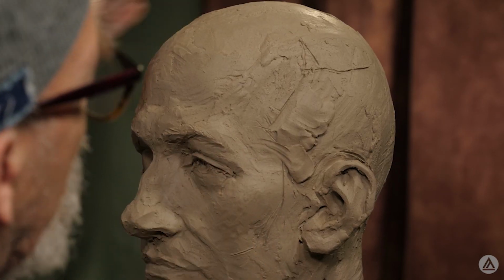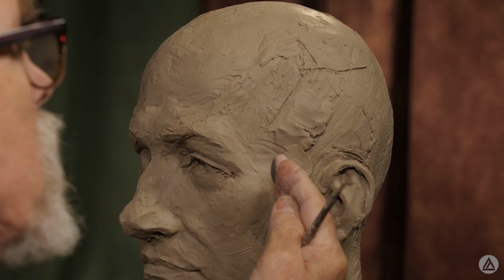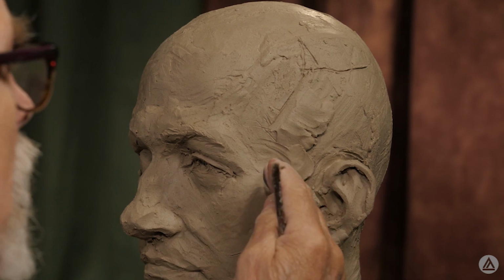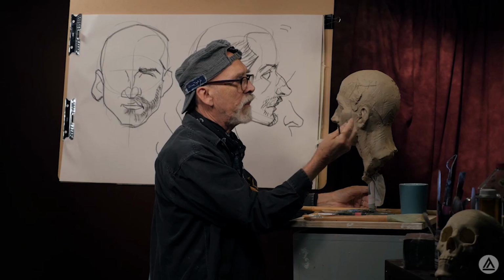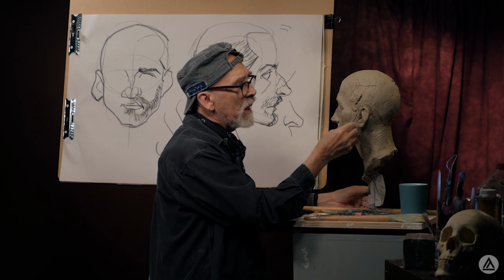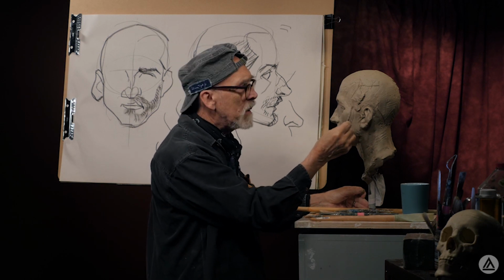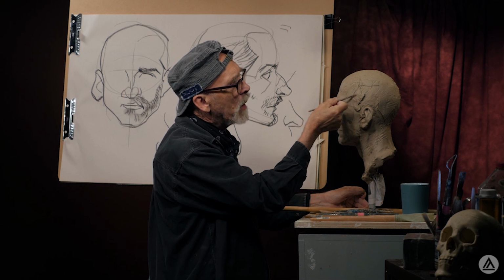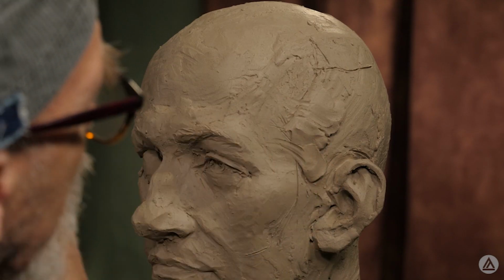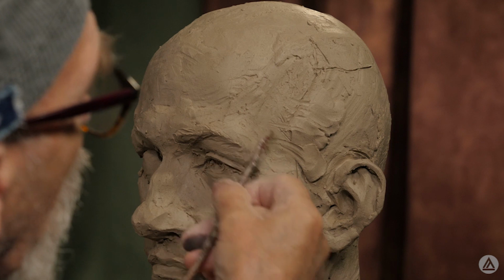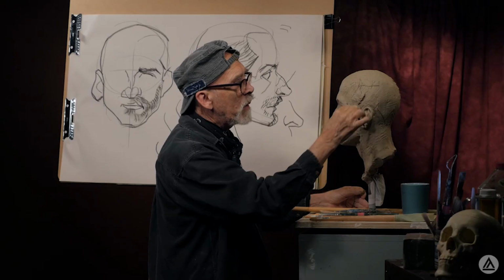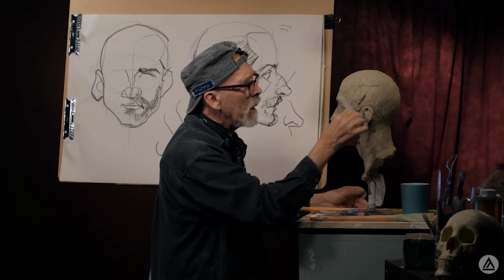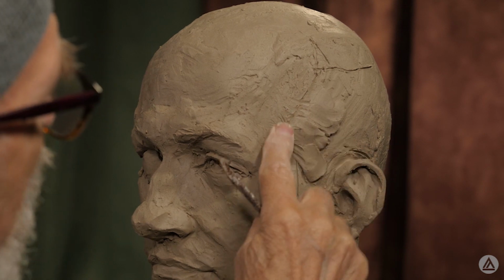So what we have to do is make it seem like the hair is coming out of the skin. And when it comes out, it creates a little bit of a volume, even the short hair. So we'll pull the hair into the skin, or we could do it the other way around. We could pull the skin into the hair. The effect is pretty much the same.